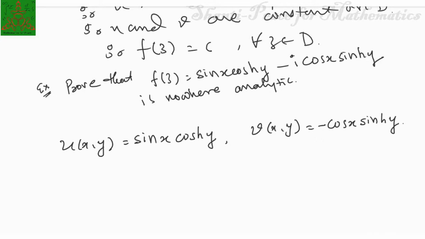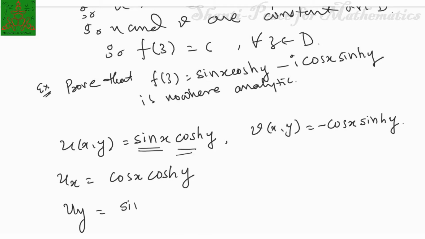Since these functions contain trigonometric and hyperbolic functions, the first order partial derivatives exist, so we can calculate them as ux is equal to cos x cos hyperbolic of y. Uy you can calculate as sin x as it is, times the derivative of cos hyperbolic of y.